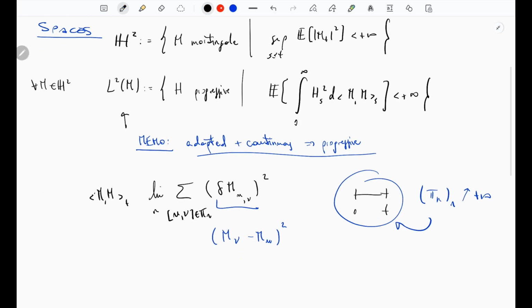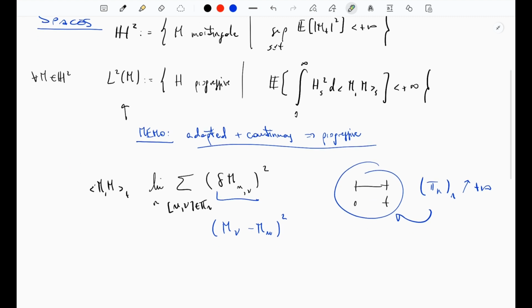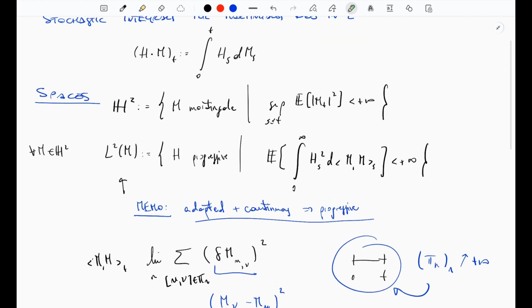So this is not a stochastic integral. This is a Lebesgue-Stieltjes integral, because this is an increasing process. So everything here is well defined as a Lebesgue-Stieltjes integral. You don't need stochastic calculus. Okay, that's just an observation.